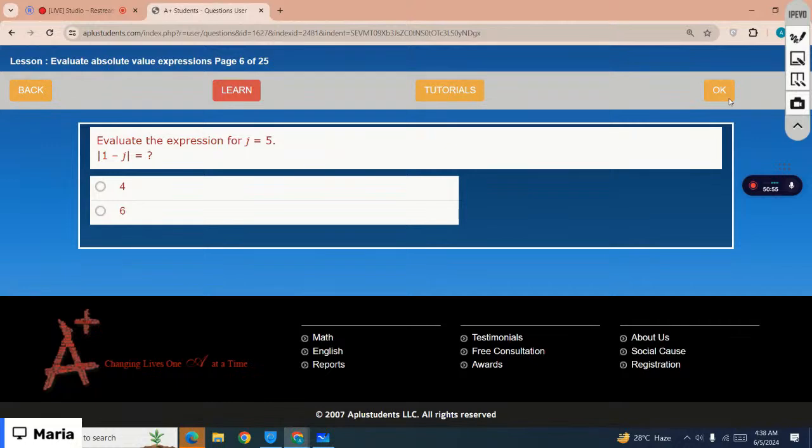Evaluate the expression for j equals 5. So which is the correct option? Yes, 4 it is. The correct option is 4.